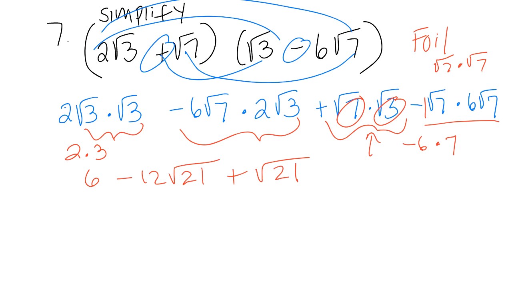And so now, let me see what I have. I have 6, and then this is like a 1 in front. So that's -11 radical 21. These are like radicals right here.